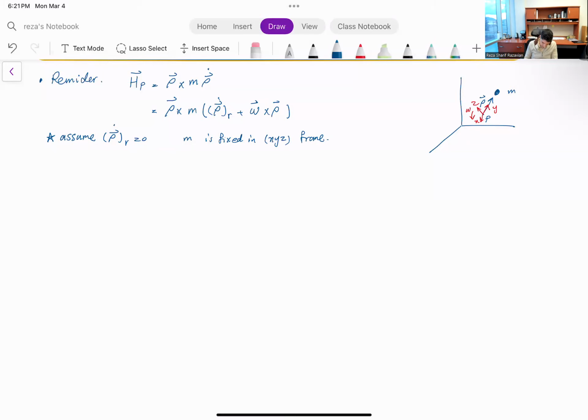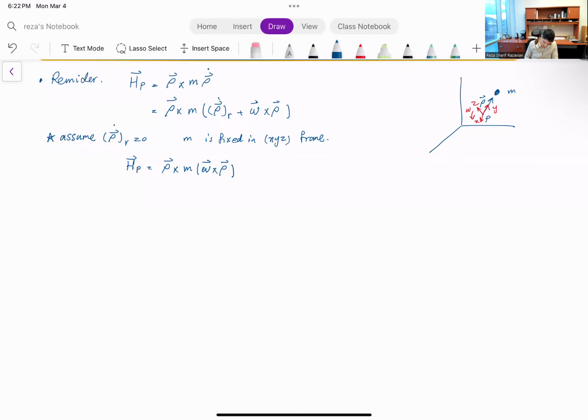Under this assumption, h of P, that term is 0, so it is rho cross m times omega cross rho. That's the angular momentum if we pretend m is fixed in this frame.